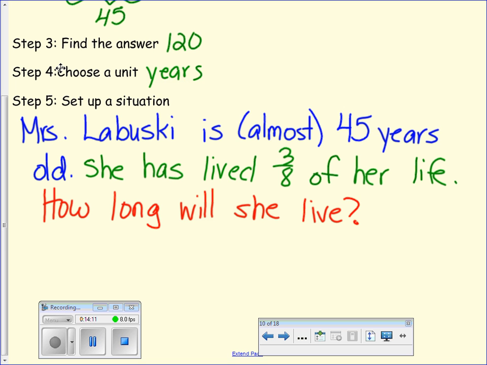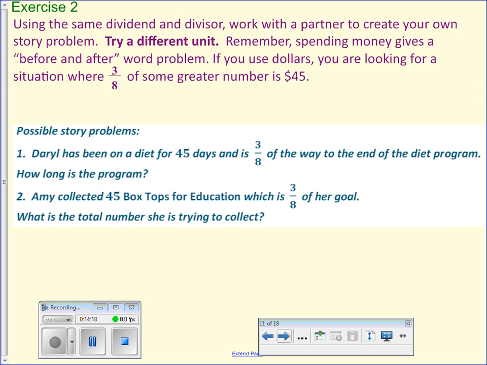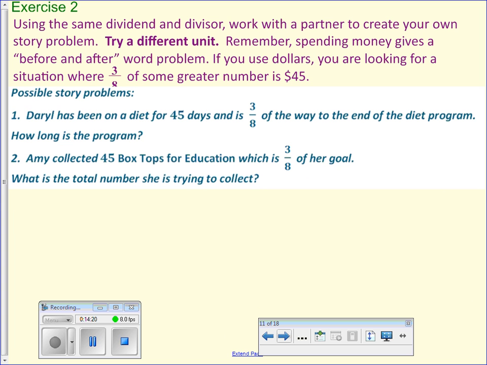Let's take a look at 2 more examples that are a little more reasonable. So you can select one to copy down under exercise 2. So another example would be Daryl has been on a diet for 45 days, and this is 3/8 of the way to the end of the diet program.